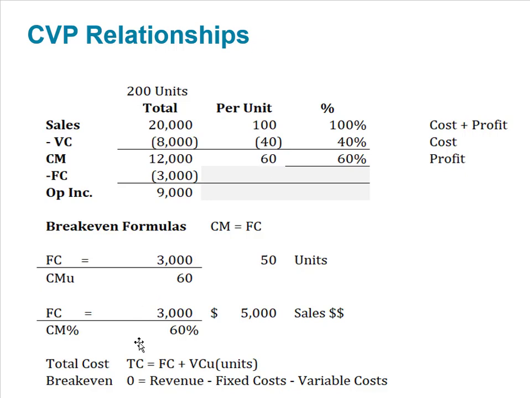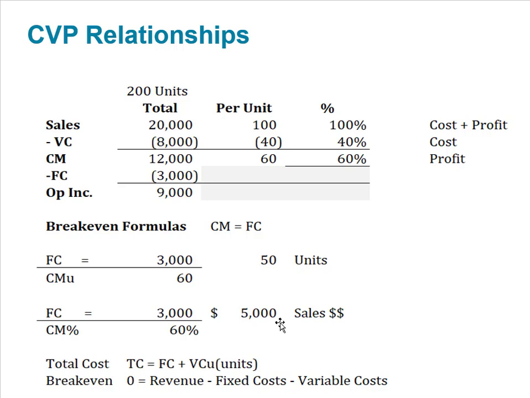And another one that's used all the time is the fixed costs divided by the contribution margin ratio, which will give us break-even sales dollars. In this case, our contribution margin percentage is 60%. I'm dividing my fixed costs by 60% and getting sales of $5,000.